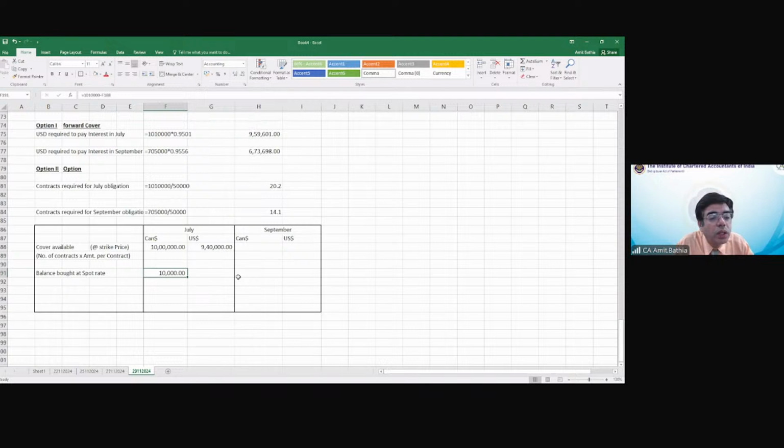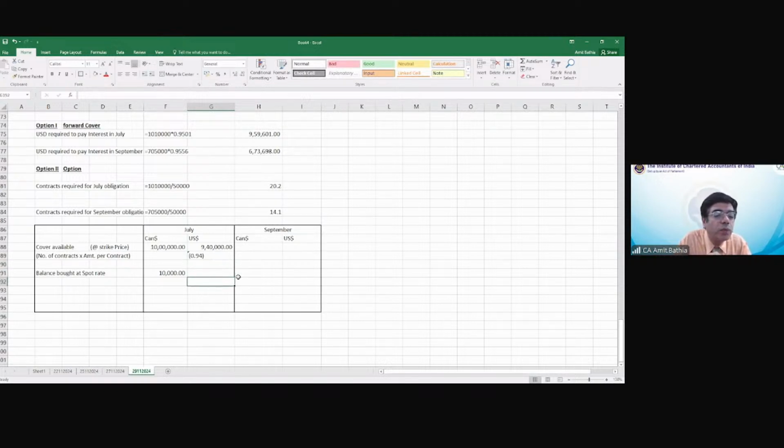The balance 10,000, I will need to buy at the spot rate. So the 10 lakhs will be at what rate? Let me write it here for your easy reference, 0.94.